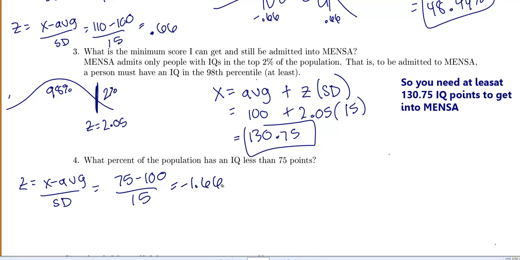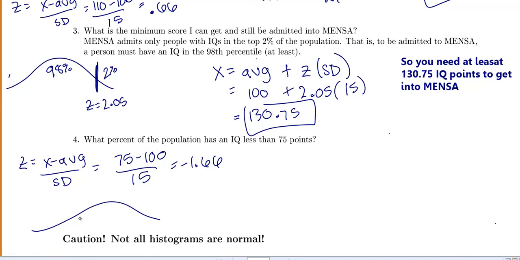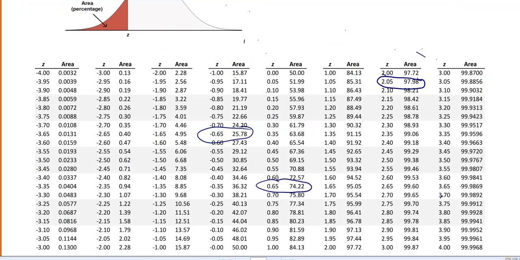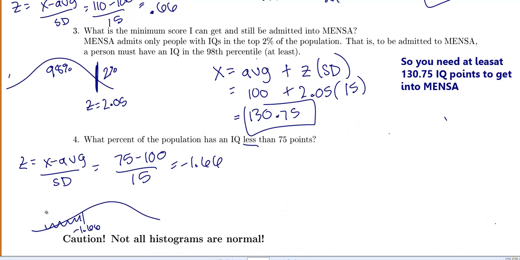So negative 1.66. There's my negative 1.66. We want the area to the left because we want the IQ of less than 75 points. So we go to our normal table, look up negative 1.66. Looks like that area is 4.95. So my final answer is 4.95%.